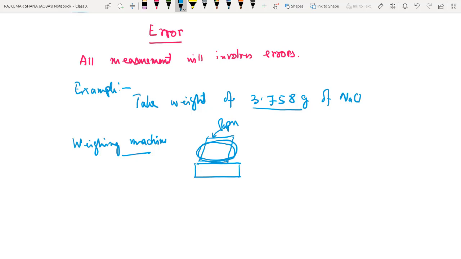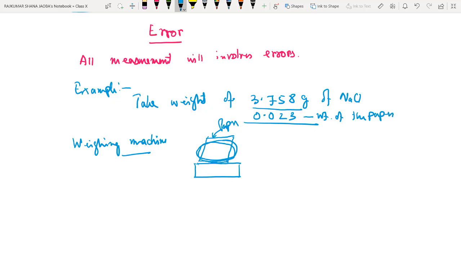The weighing machine is so accurate that it can measure the weight of a slip of paper. Say for example, the weight of the paper is 0.023. So this is the weight of the paper.